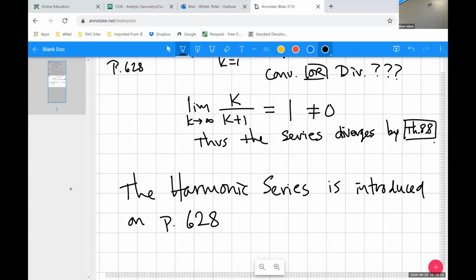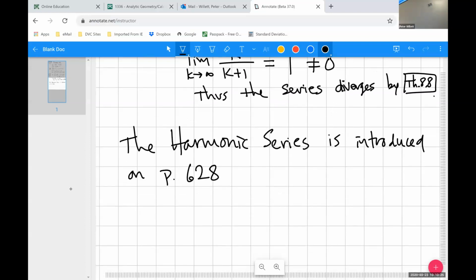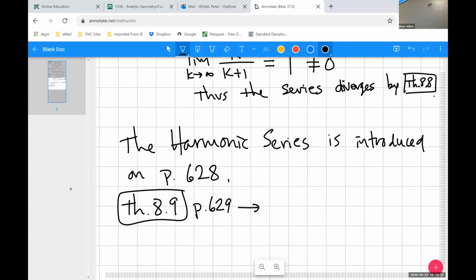So then after that page of discussion, they have theorem 8.9 on the next page, 629, which basically is a conclusion that the harmonic series diverges.